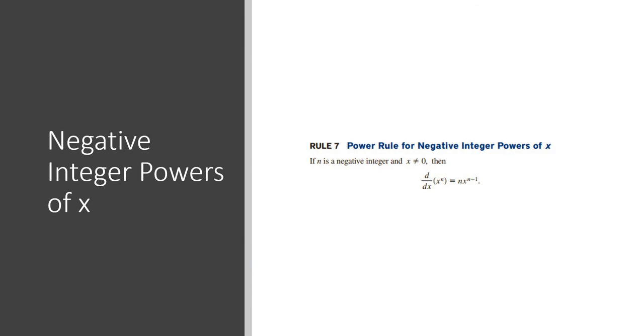Next up we have rule number 7, the power rule for negative integer powers of x. This is basically the same as the original power rule, it's just applied when you have x raised to a negative number, as long as that number is not 0.